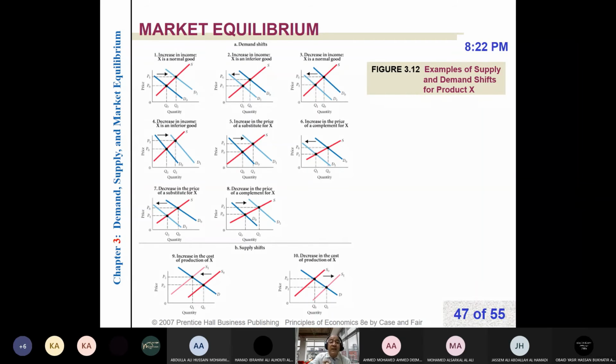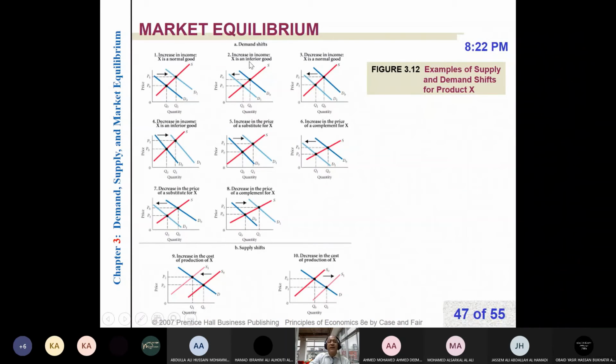Read the answer from the graph. The equilibrium price will increase and the equilibrium quantity will increase also.